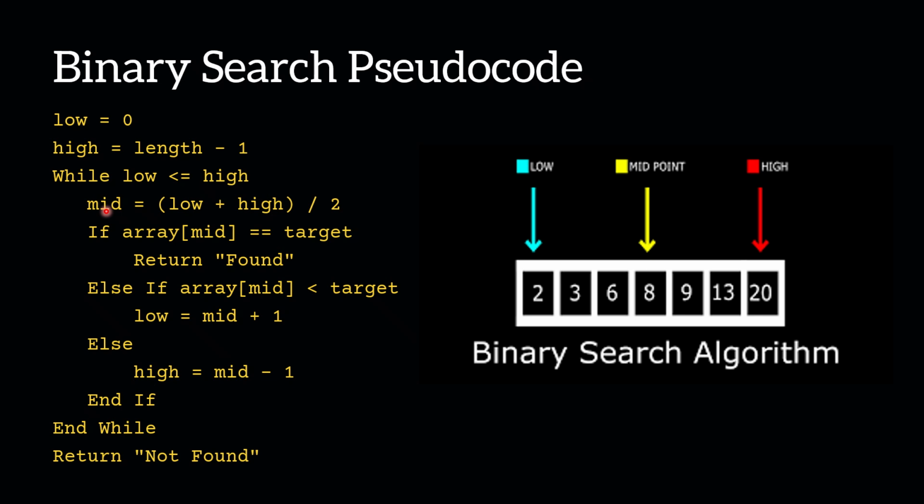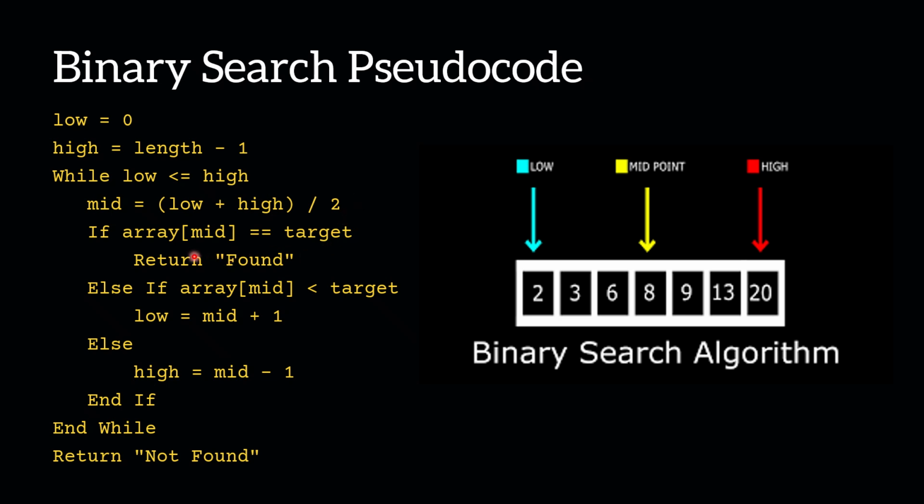So if low is, say, 0 and high is 9, then the middle, which is 0 plus 9 divided by 2, is equal to 4. That means we check the fifth element, because remember, arrays start at index 0. So we're going to be checking the fifth element, and that gives us the middle one.